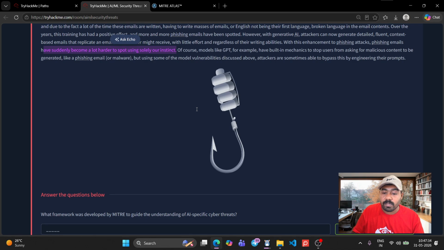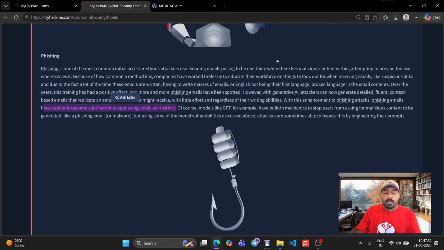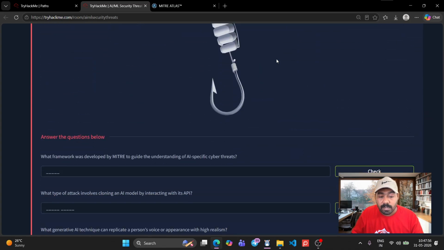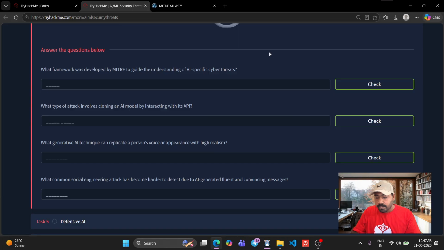Of course, models like GPT, for example, have built-in mechanisms to stop users asking for malicious content to be generated, like a phishing email or malware. But using some of the model vulnerabilities discussed above, attackers are sometimes able to bypass this by engineering their prompts. That is what we are talking about with the advanced attacks that are possible with AI.